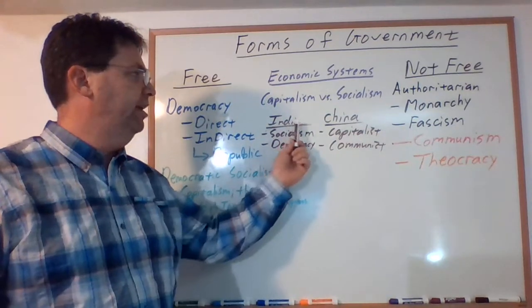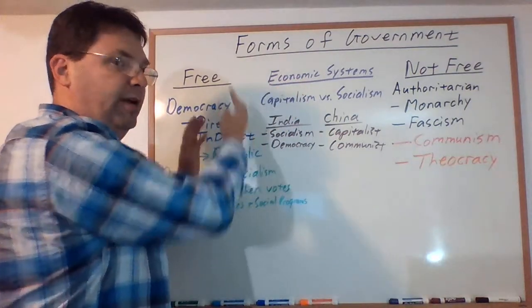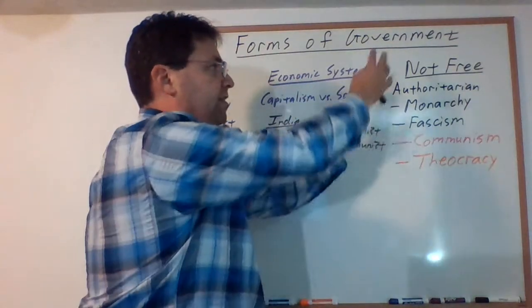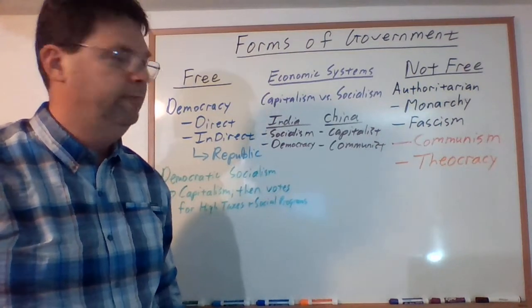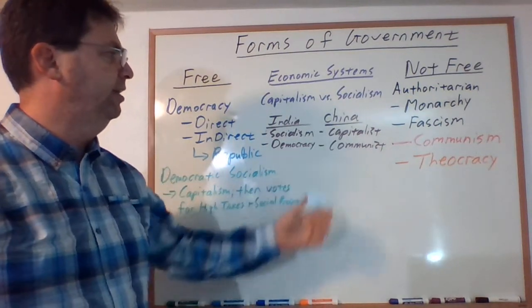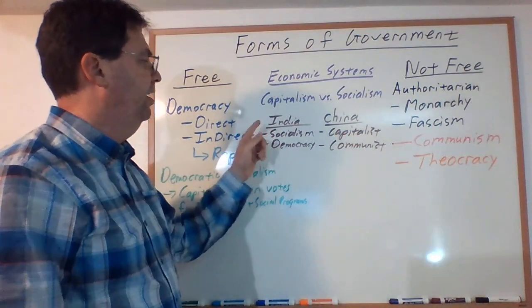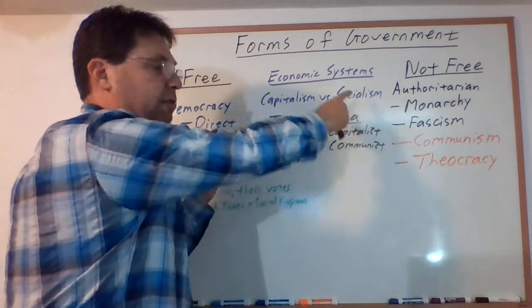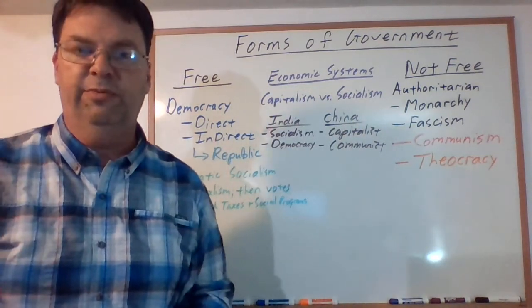So India and China are the two oddities in the world. Normally you have capitalism and democracy go together. Socialism and these authoritarian regimes go together. And over here you've got this weird one where China is capitalist and authoritarian, and then you've got India, which is a democracy, but they voted for socialism. All right, so we're going to analyze those results in the next one.